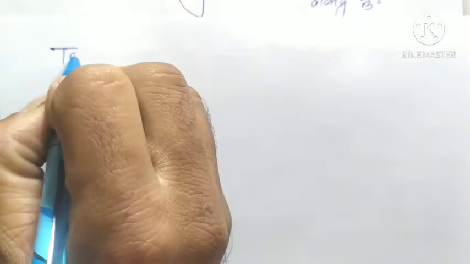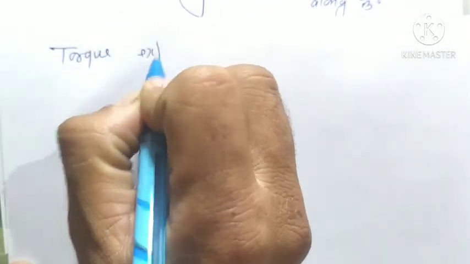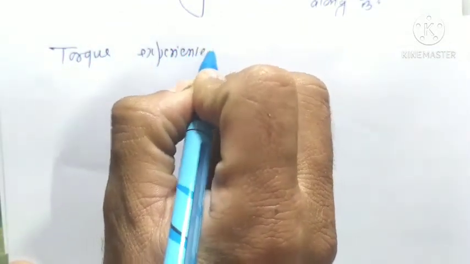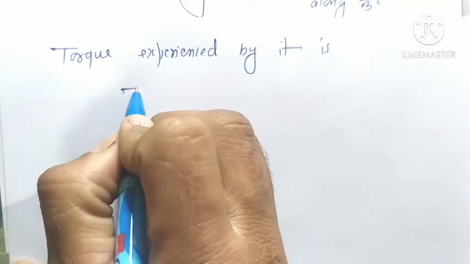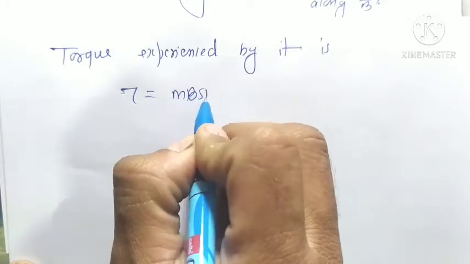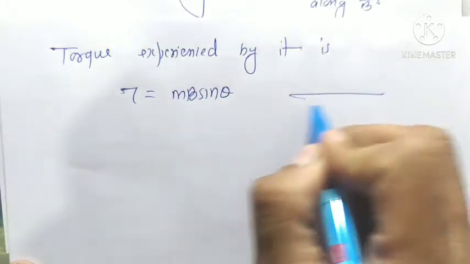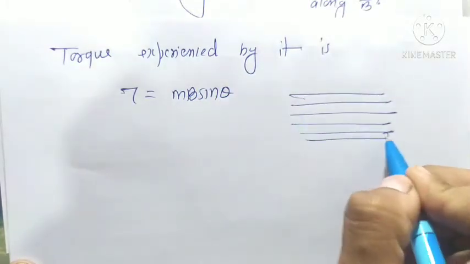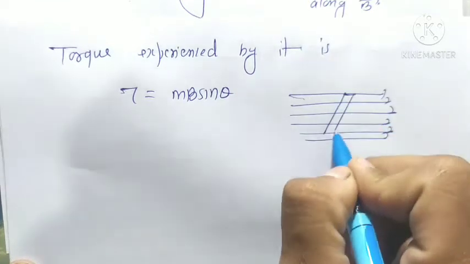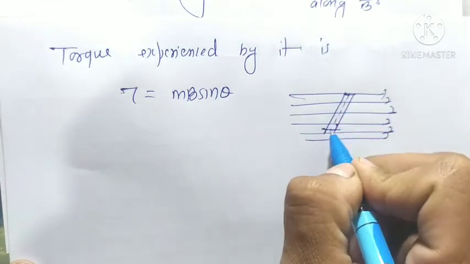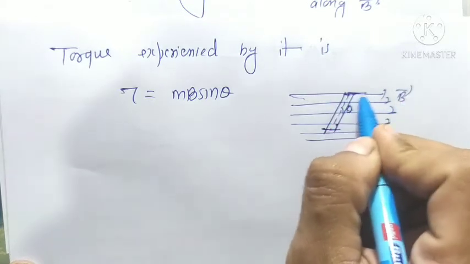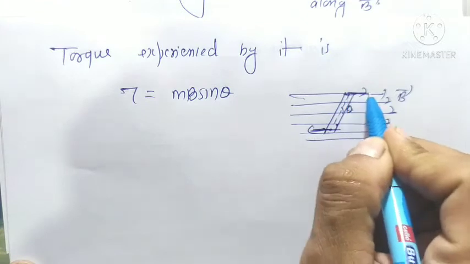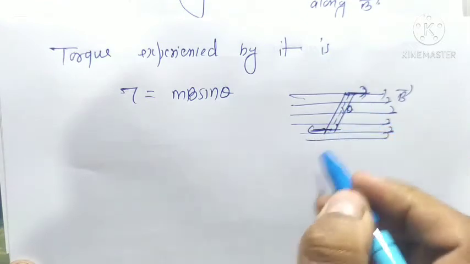We already know that the torque experienced by this bar magnet is equal to MB sin theta. This is a uniform magnetic field and this is a bar magnet, and this magnetic moment makes an angle theta with this uniform magnetic field. When this rotates, a torque is produced due to the couple.